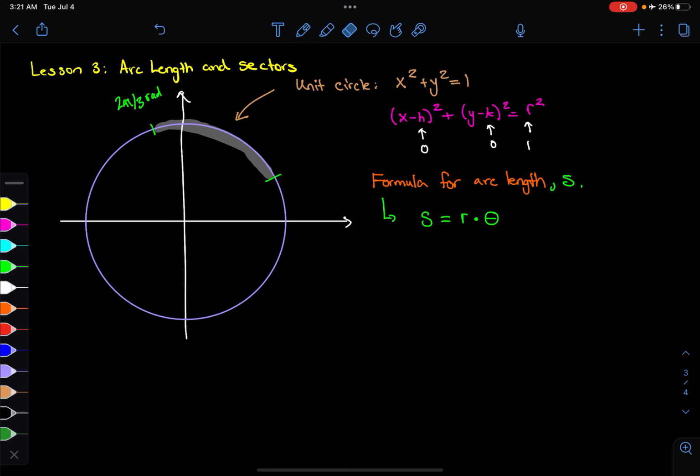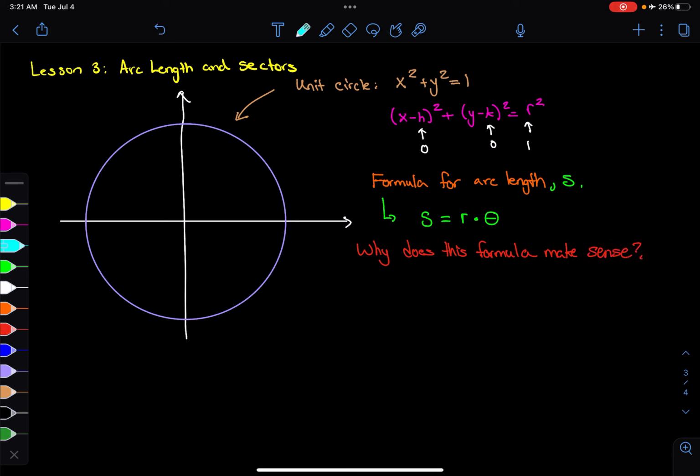So let's erase this, and let's simply talk about why this formula makes sense. Okay. One thing to note is that the angle here is in radians. Now, why does this formula for arc length make sense?